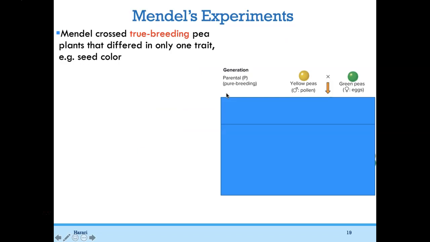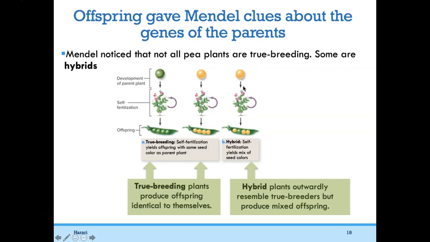If you plant a yellow pea and you get a mixture of seed colors, that means this plant was a hybrid. This is not true breeding, and you would not be able to use this plant in a mating experiment, or Mendel would not have used this in his original mating experiments, I should say. So Mendel only stuck with true breeding plants.